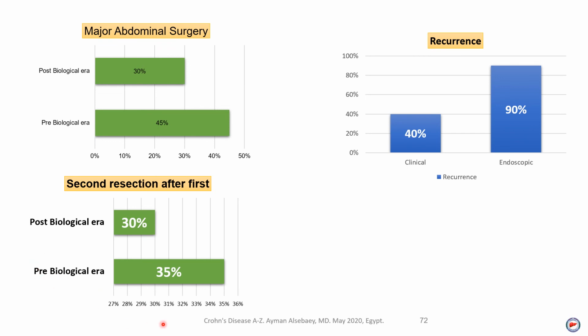In the pre-biological era, the number is 35%, and here it is 30% because you use biological therapy in a permanent organ. What about the recurrence of disease after resection? If we use the clinical parameters, it is 40%, and if we use the endoscopic parameters using Rutgeerts, you will find that it is 90%.